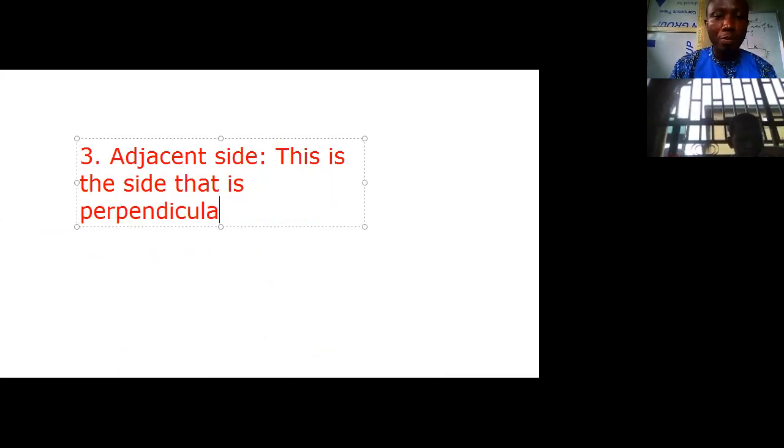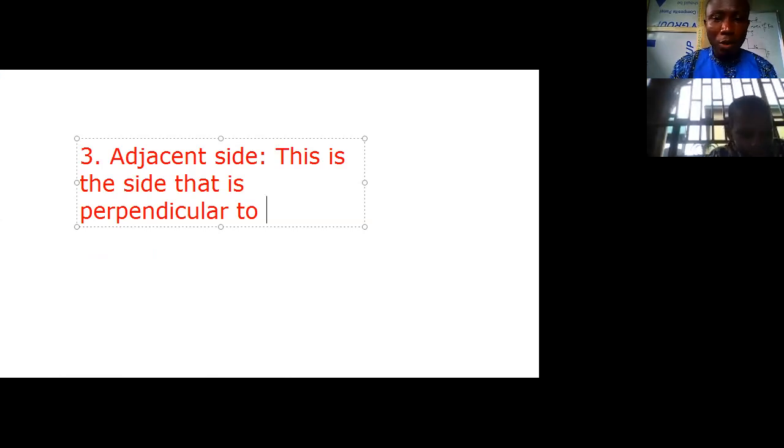Do you remember the meaning of perpendicular? No. When two lines are parallel, what does it mean? The two lines can never meet.